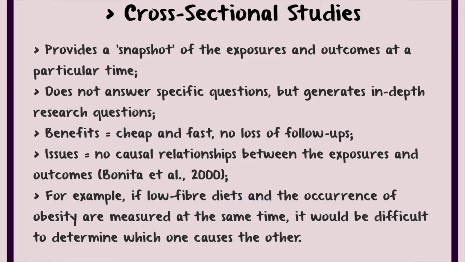It is a cheap and fast method to conduct a study to measure prevalence without loss of follow-ups. However, it should not be used to establish causal relationships between the exposures and outcomes. For instance, if low-fiber diets and occurrence of obesity are measured at the same time, it would be difficult determining which one causes the other.